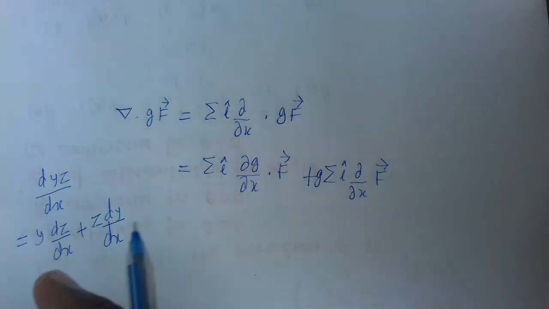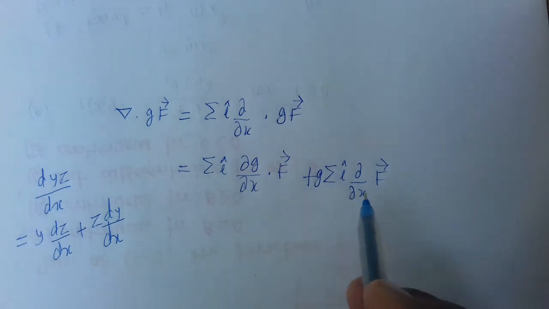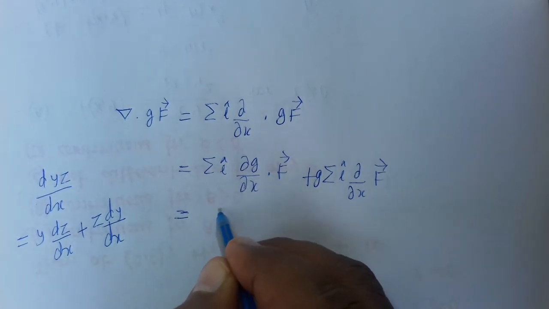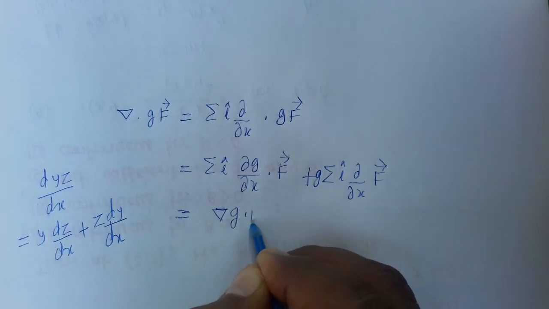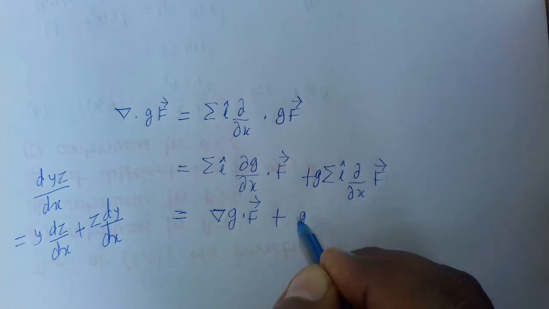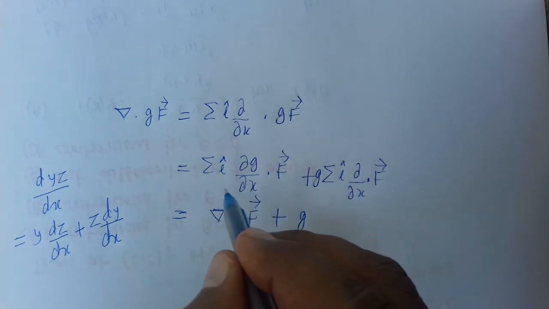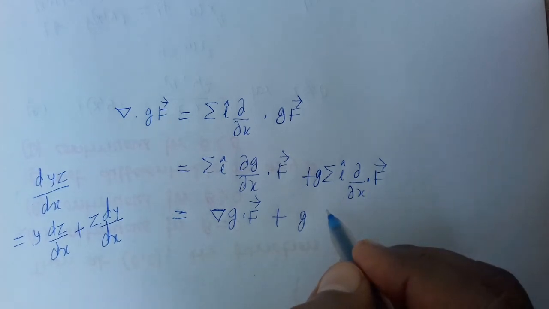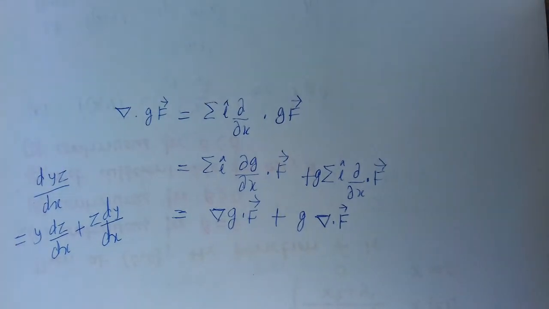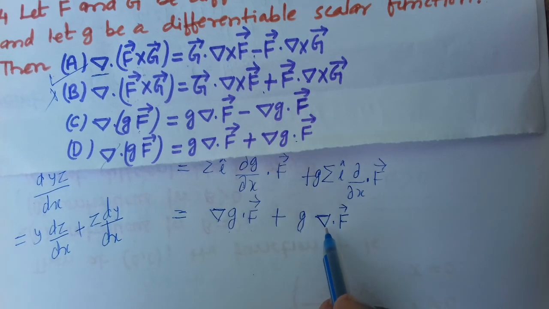And in doing so you have to keep in mind the properties of vectors, and hence this can be written as nebula G dot F plus G nebula dot F. So if you see the options, you see this expression nebula G dot F here and G nebula dot F here.